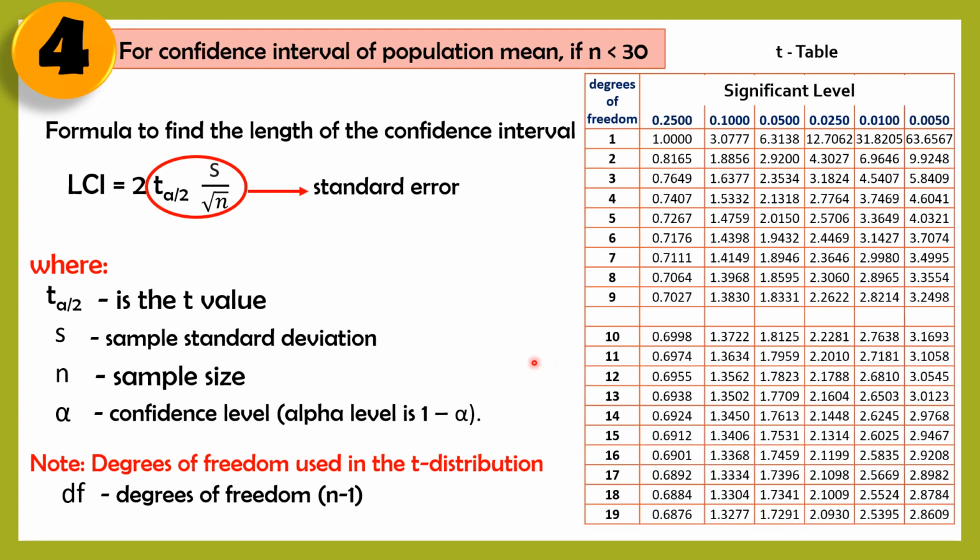So, this is the table for the T values or T distribution. This is our degrees of freedom. Actually, the table is long, I only put this part. Then, our significance level. So, we first need to get our degrees of freedom and our significance level.